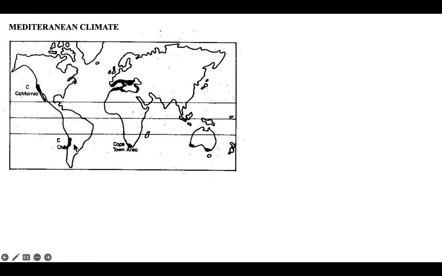You have to know exactly these particular locations because the examiner is interested in these points to identify the Mediterranean climate. And from there, we have the temperature, the graphical representation of the climate.